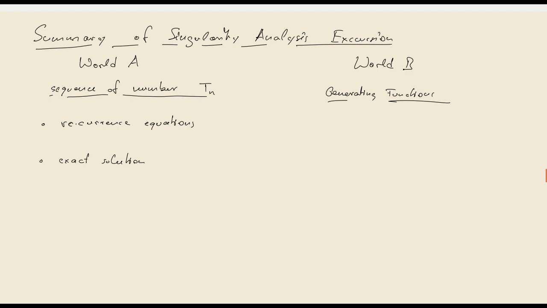World B, so to say. And there we're dealing with functions of this kind, power series, where you have the number sequence as coefficients of the powers, so that the whole sequence is captured into one single function. Well, and if you're lucky, then you can represent such a generating function by a concise term that does not explicitly list all these individual coefficients.